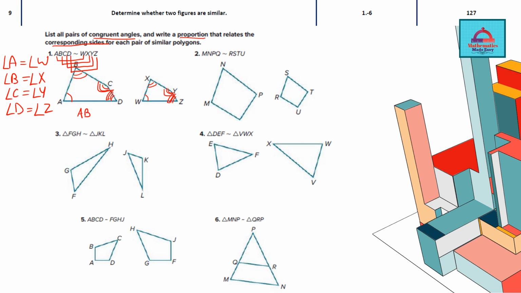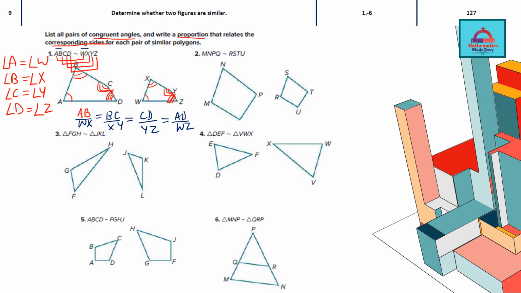So follow the order, AB with WX. AB divided by WX is equal to BC divided by XY, is equal to CD divided by YZ, is equal to AD divided by WZ. So this is the first part.